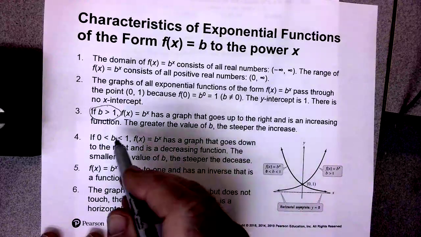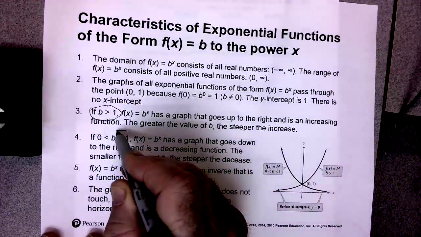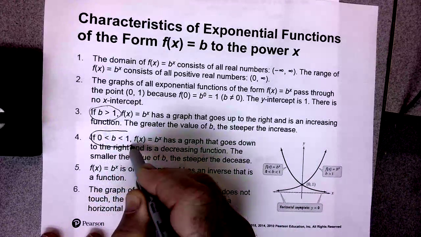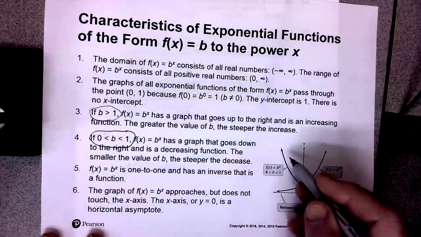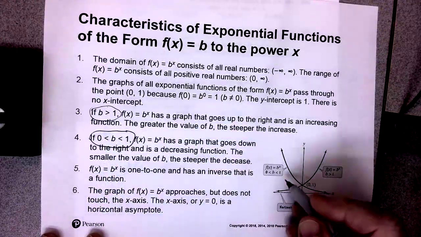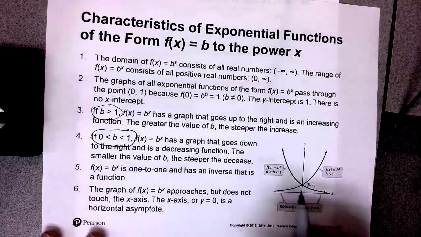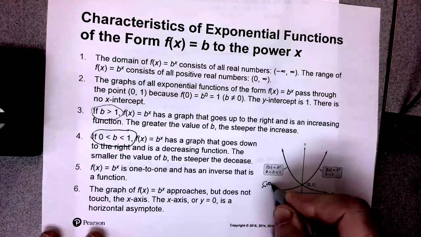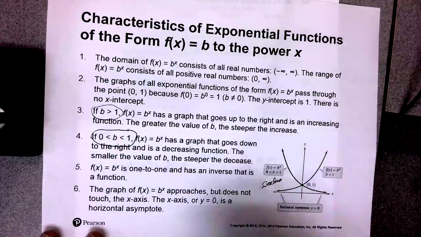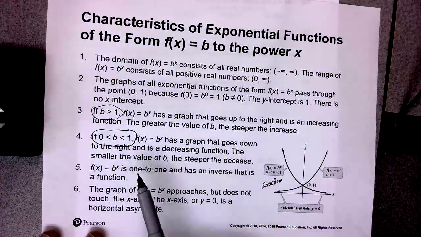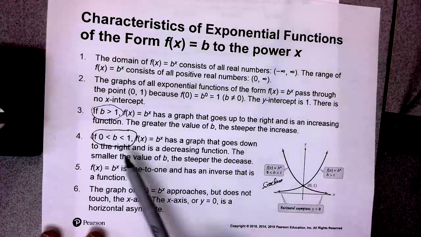If the base is greater than 0 but less than 1, we have a decreasing function. What sort of values do you find between 0 and 1? Well, you find fractions, right? Notice that the base cannot be a negative value in these.